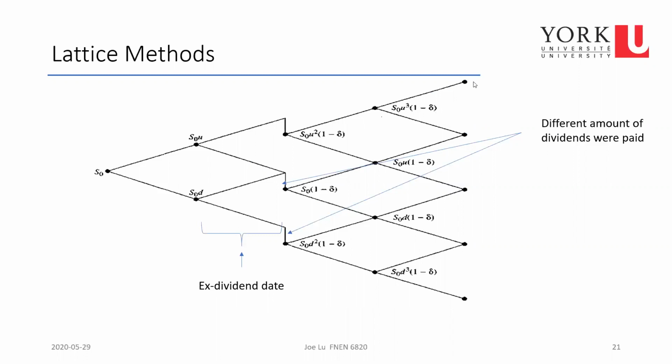So if the ex-dividend date is here, then the value realized here will be S naught times U to the power 3 times 1 minus delta 1, then times 1 minus delta 2. Okay, and that delta 2 and delta 1 don't have to be the same. So in that case, you can handle the situation where you pay a dividend rate Q, but your dividend rate for each dividend payment date can actually be different.